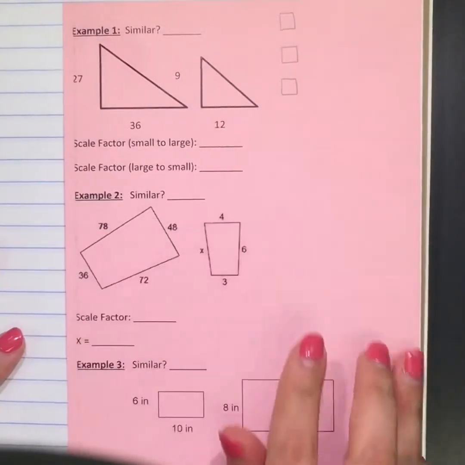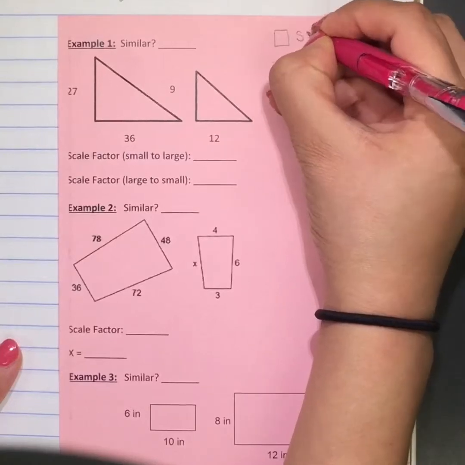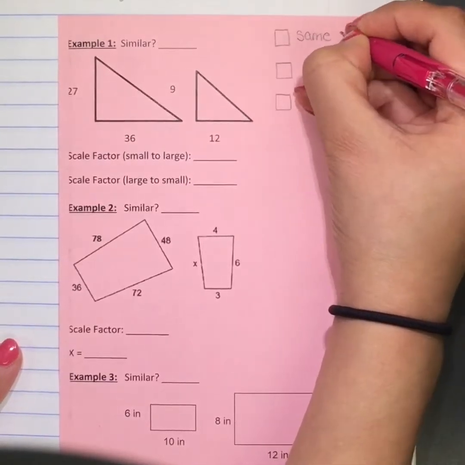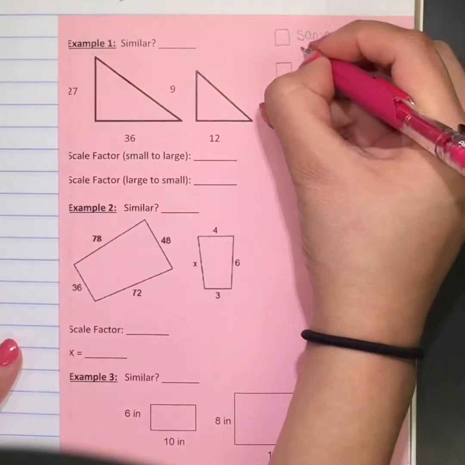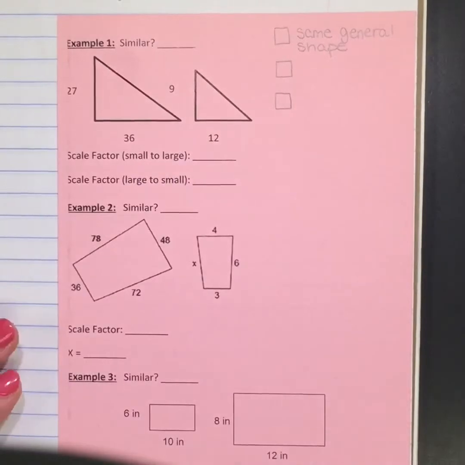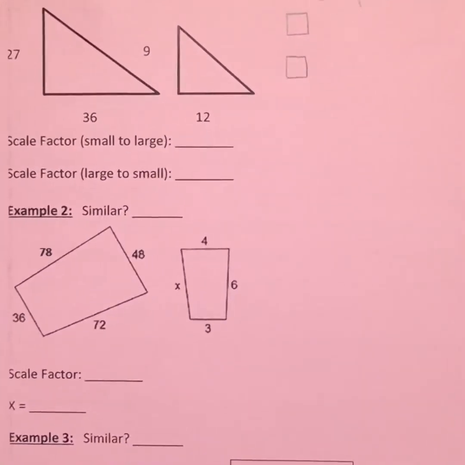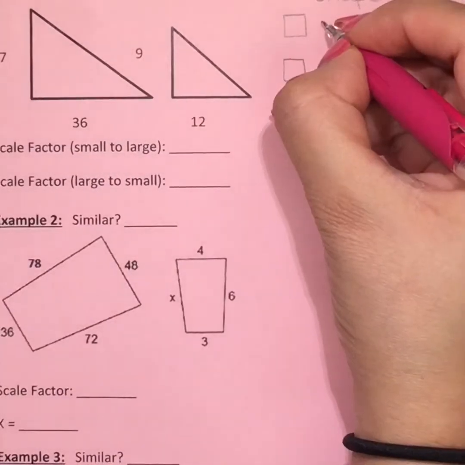This is my little checklist. Okay, the first thing, same general shape. Okay, the second thing, same corresponding angles, very good.